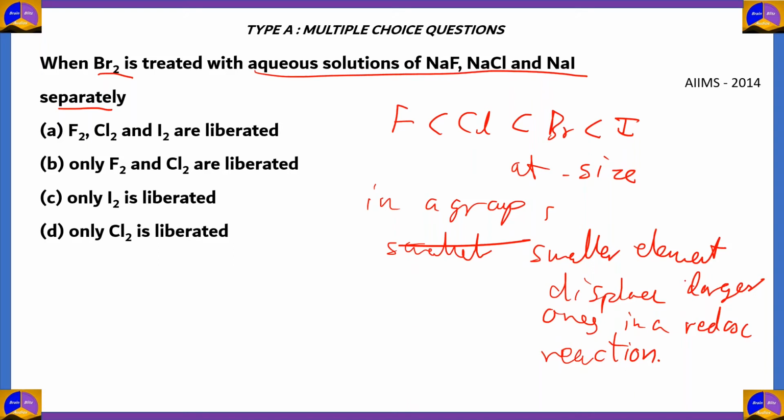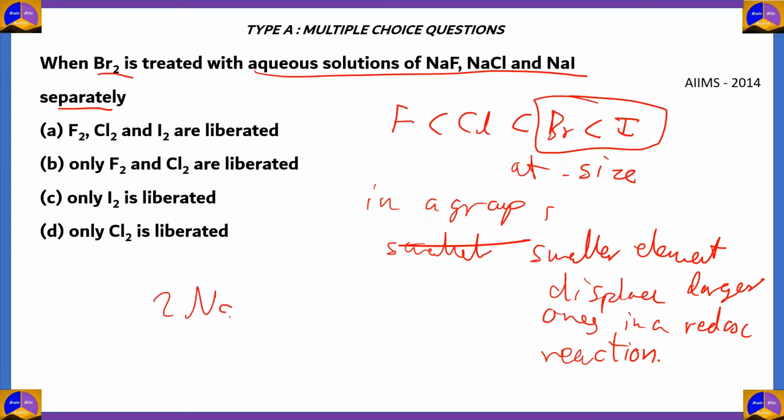So since the smaller element replaces the larger one, when Br2 gets treated with NaF, there is no displacement that occurs because F is already smaller than Br. Similarly, in case of NaCl, Cl is smaller than Br, so there is no displacement. But when it comes to iodine, we know that bromine is smaller than iodine, so therefore I2 gets liberated.